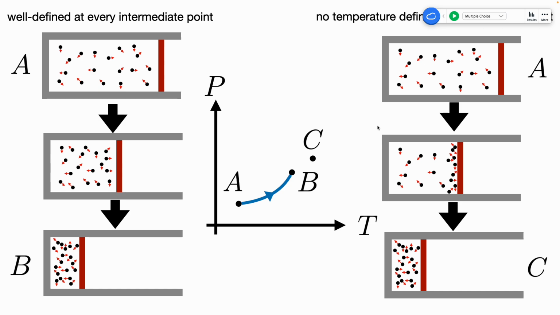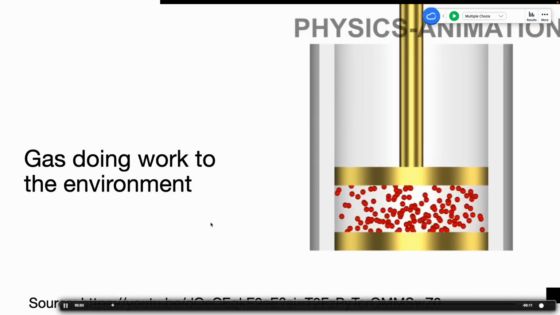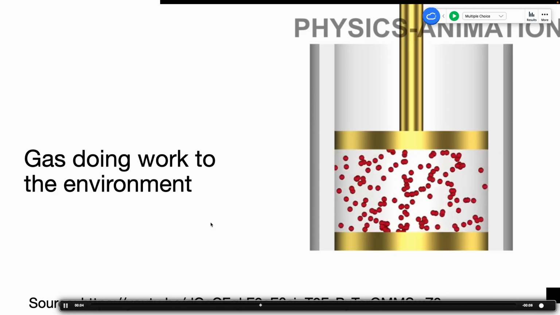So this is just drawing. In your final, you will be asked to know the function form of this curve, but for now, it's just a curve going up. So let's look at some nice animation of how the gas looks like when you are doing work to the environment.